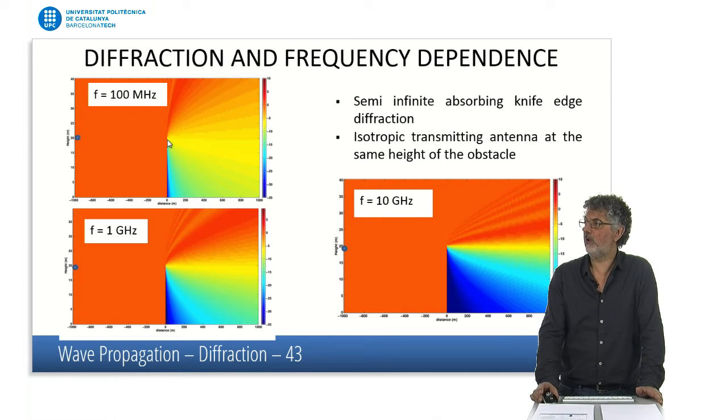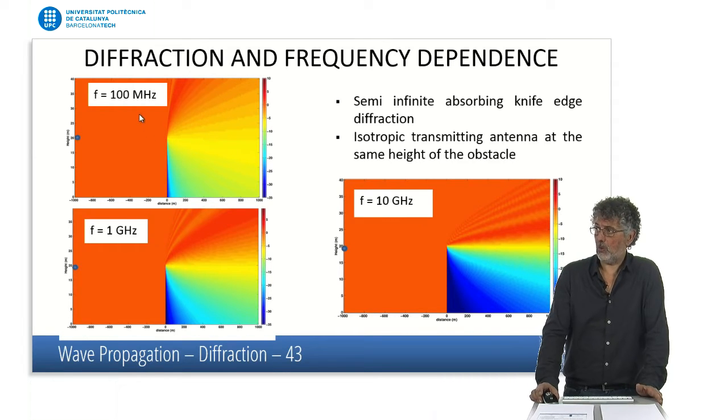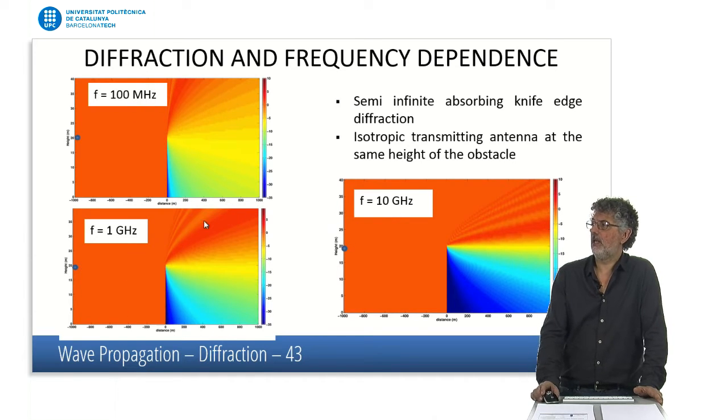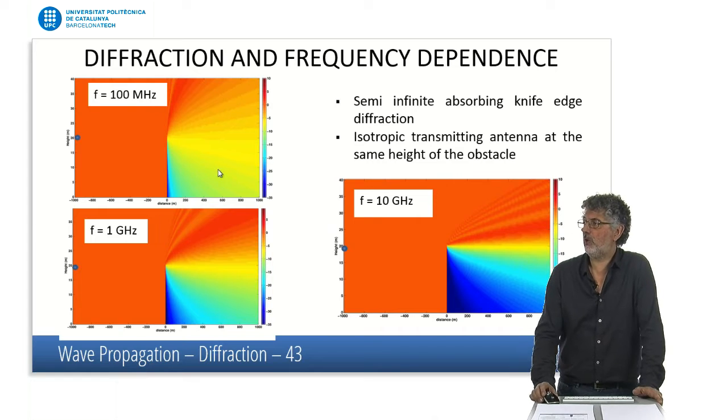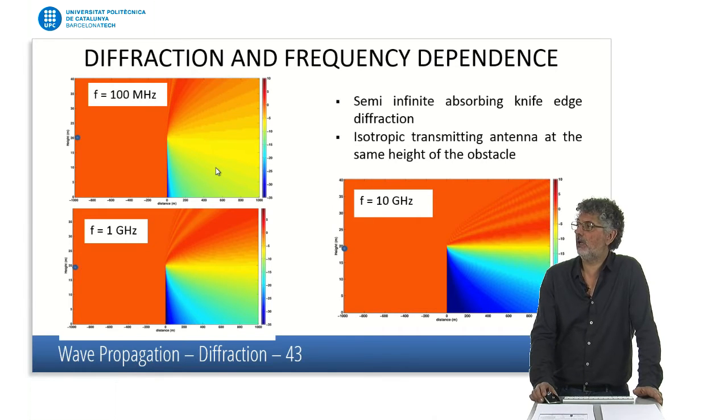We have our edge obstacle here, and we are assuming that our transmitting antenna has the same height as the knife edge, and we're considering three different frequencies: 100 MHz, 1 GHz, and 10 GHz. So notice that if we are here in this region, which is in the shadow region, we have some losses, but we are still able to receive something.